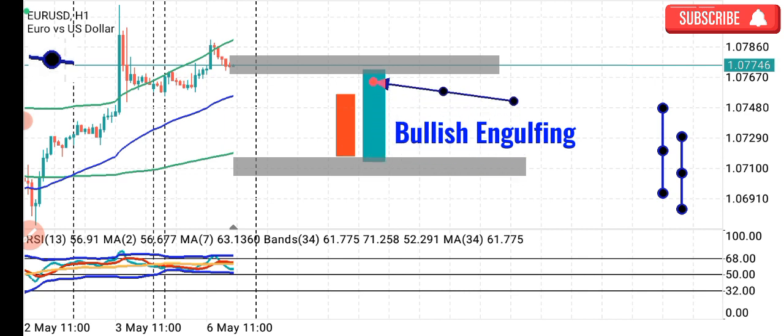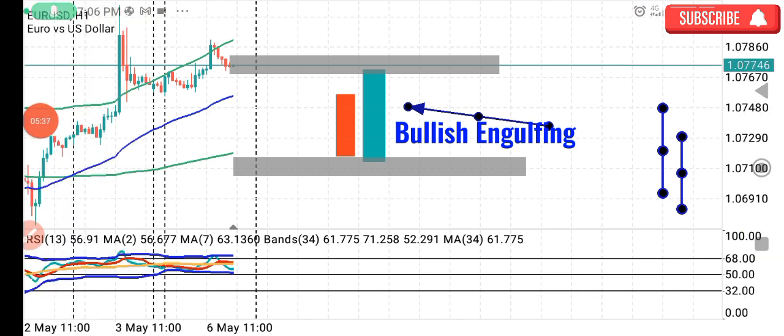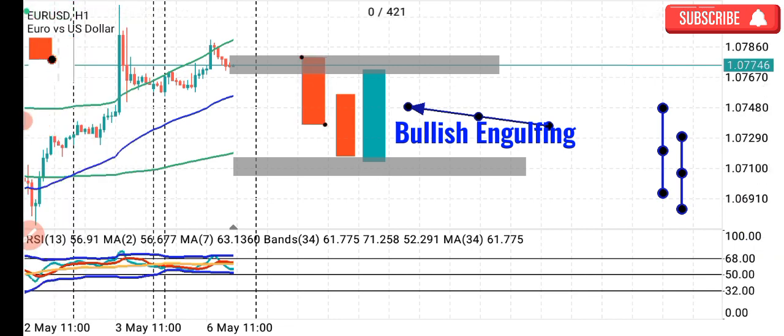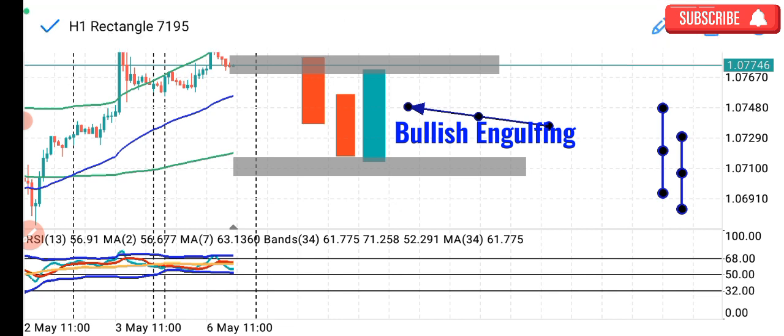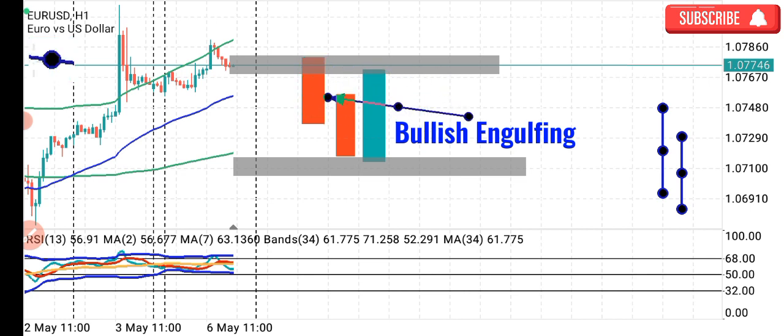So once you have this bullish engulfing candle, it gives us a change in market direction. It can be a confirmation for us to enter a buy. So we are having this bearish candle, and then suddenly at this support we are having a bullish engulfing candle. This is a second candlestick pattern that gave us a confirmation for a buy.